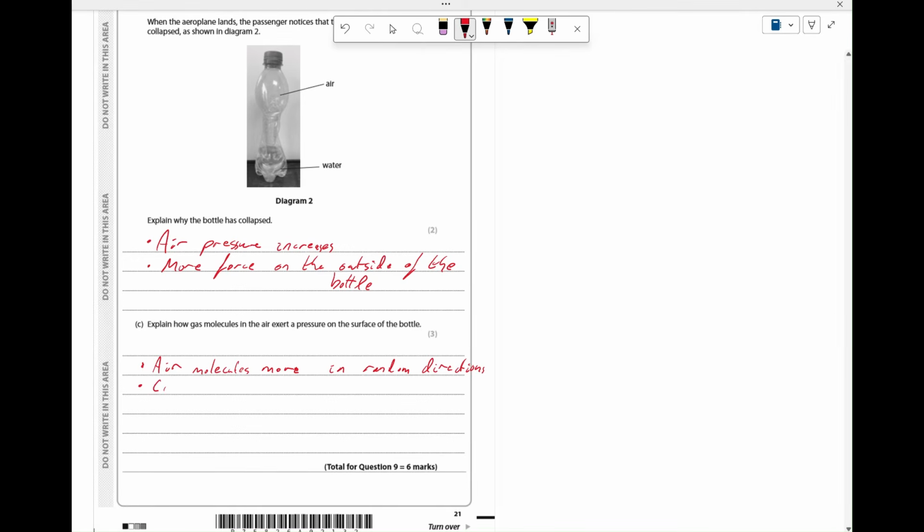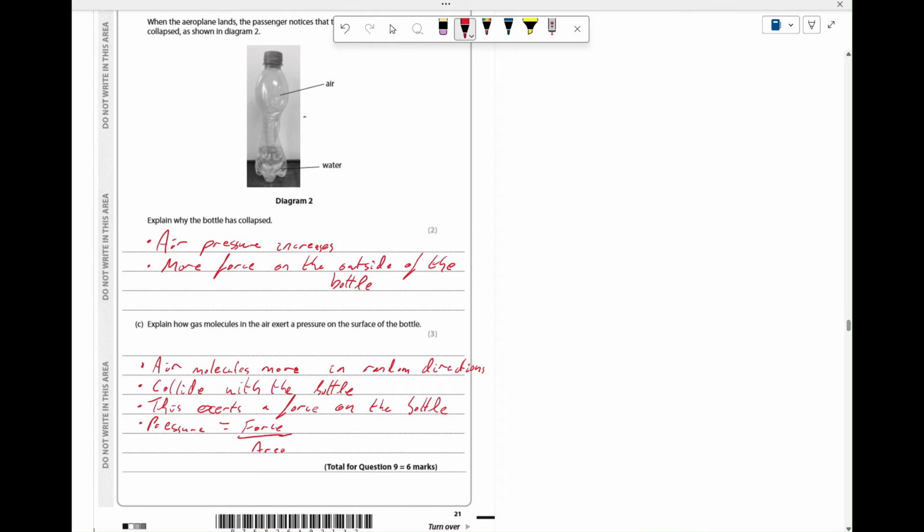As they do so, they collide with the bottle, exerting a force on the bottle. And for pressure, always give an equation if you can. Pressure equals force divided by area.